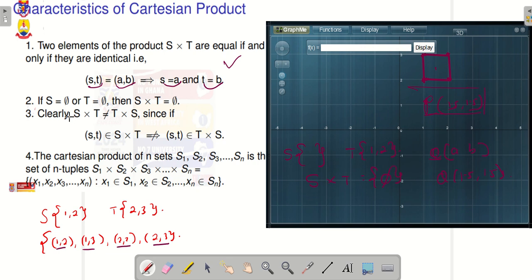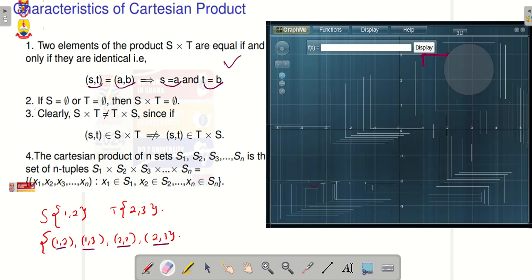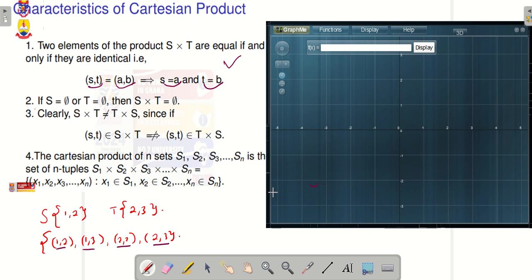The third property is that S cross T is not equal to T cross S. And that one is very simple. Let me explain it briefly. Now, let's say you have a Cartesian product, the entire plane from negative infinity to infinity.